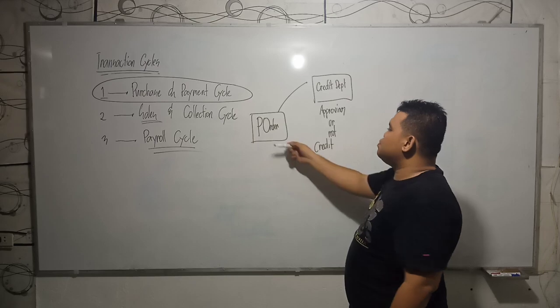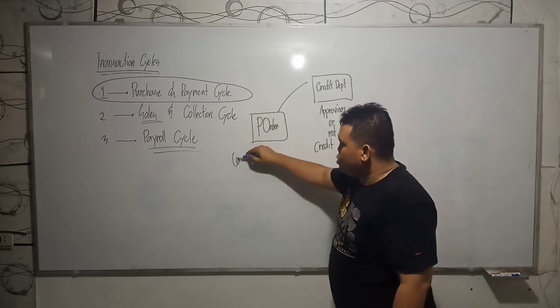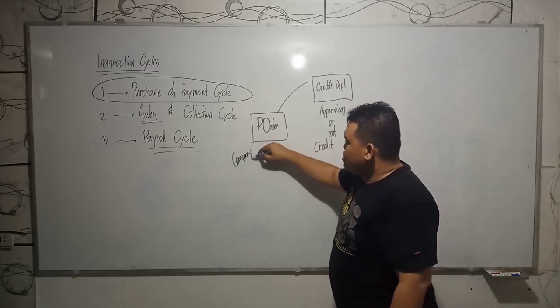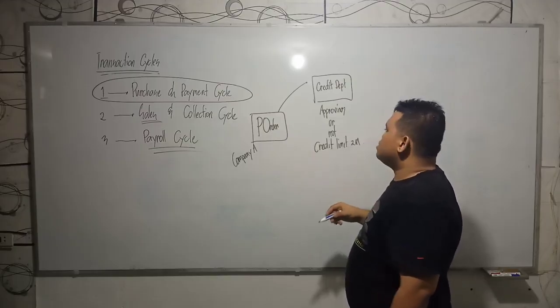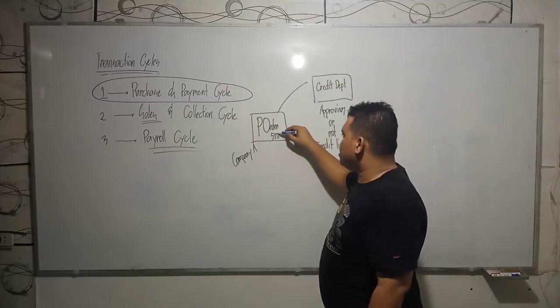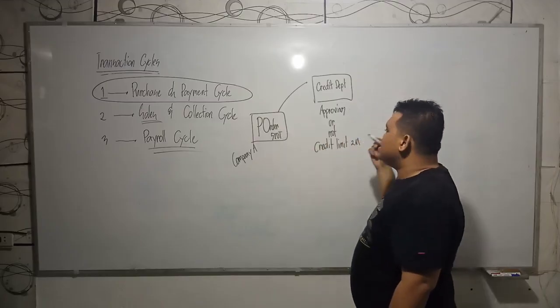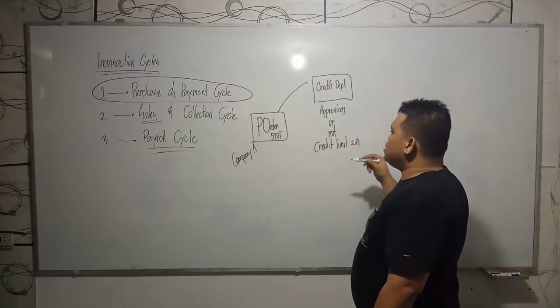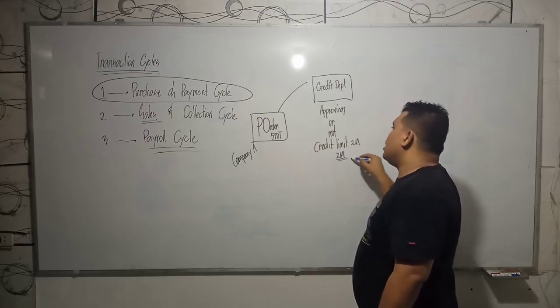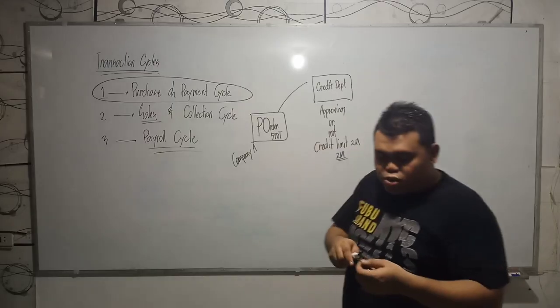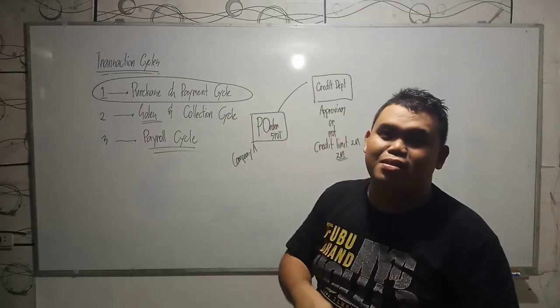For example, this purchase order is from company A. Sometimes company A's credit limit, for example, is 2 million, and this purchase order is 500,000, and company A did not yet settle its outstanding obligations worth 2 million also. So meaning, company A has already reached its credit limit, right?